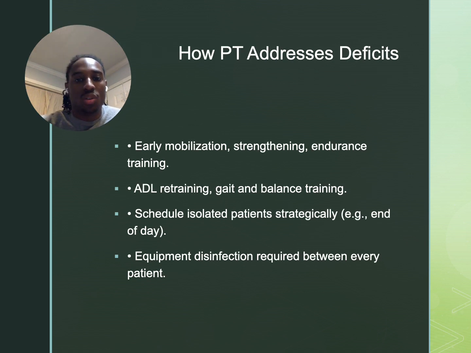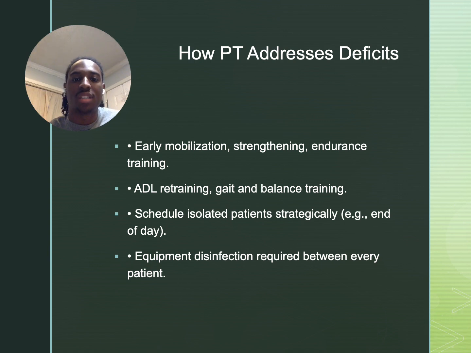In therapy, our goals include preventing further deconditioning, improving overall strength and endurance, and restoring functional mobility. Interventions may include bed mobility, transfer training, gait training with or without assistive devices, balance exercises, and strengthening programs tailored to the patient's tolerance.